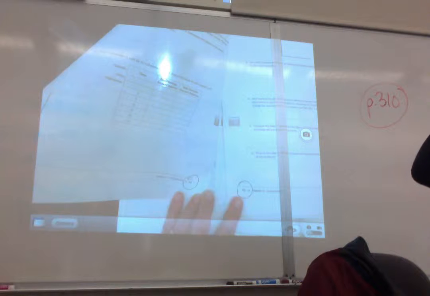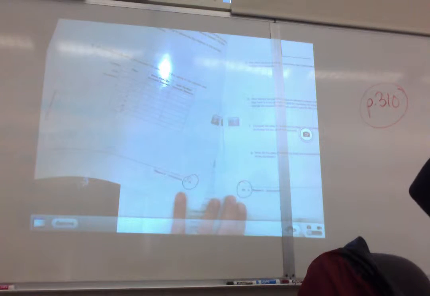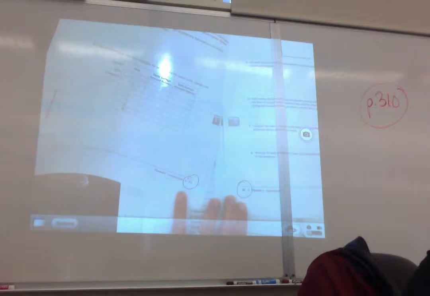Page 61 and 62. They say 5.1 assignment at the top. You do not need to do those. If you already did them, great. That's extra practice for you, and I will give you extra credit. Okay?